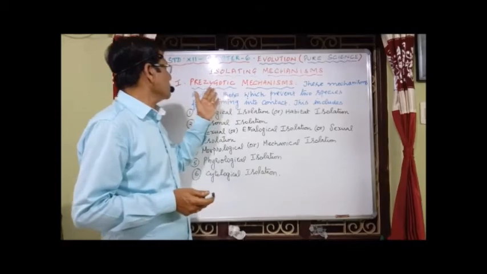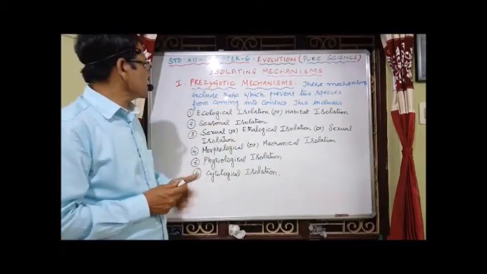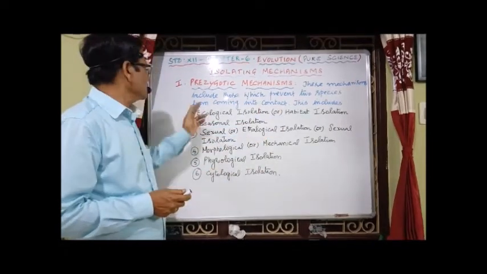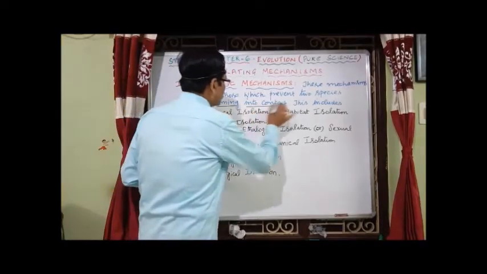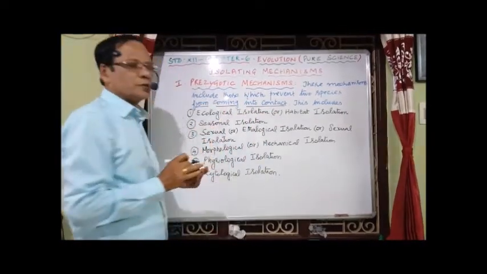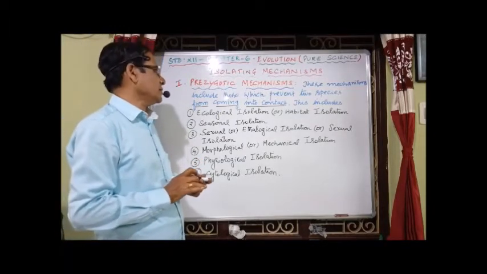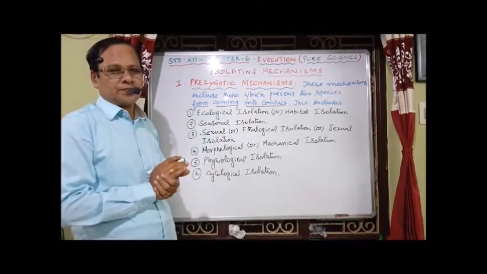Now let's see what I mean by prezygotic mechanisms. These mechanisms include those which prevent two species from coming into contact, though they are present in the same area. This includes a number of mechanisms.